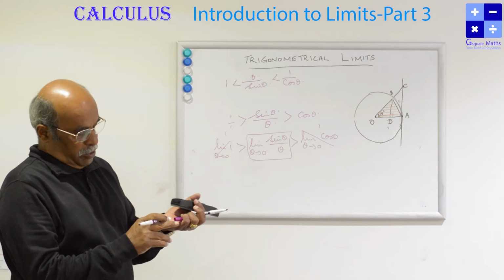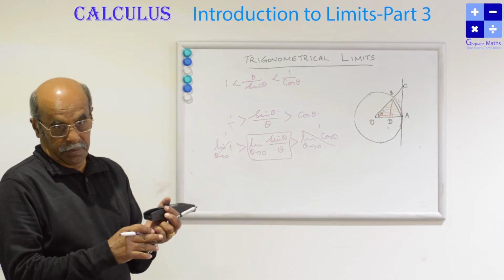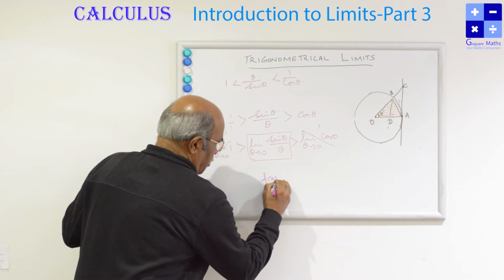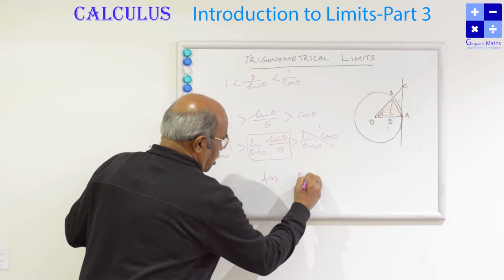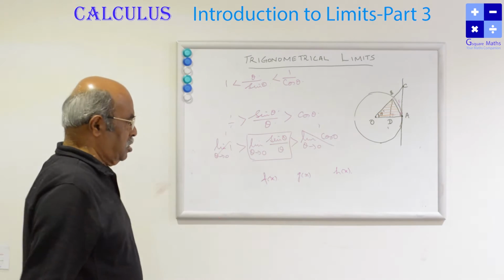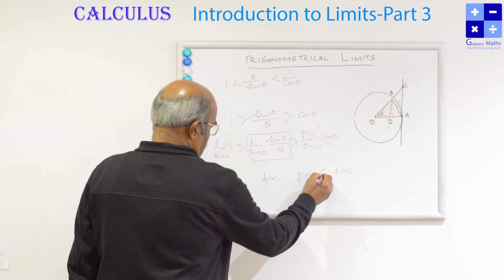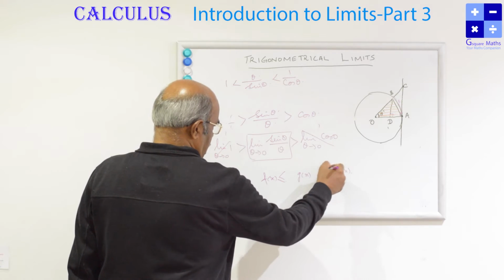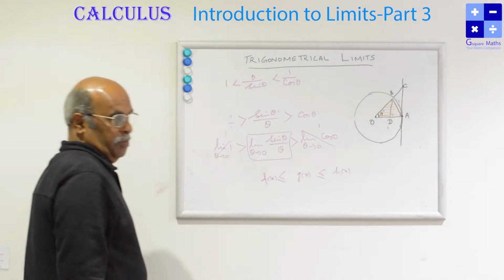There is a theorem, the sandwich theorem. What is the sandwich theorem? Let f(x), g(x) and h(x) be three functions such that f(x) is less than or equal to g(x), and g(x) is less than or equal to h(x).